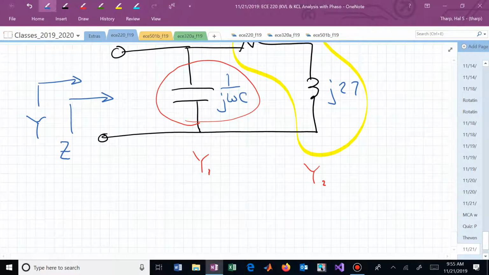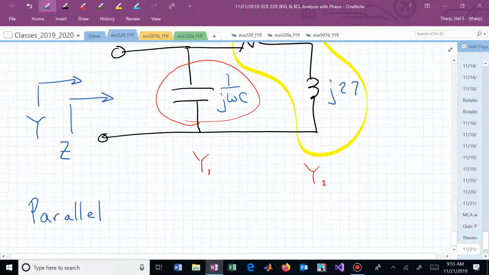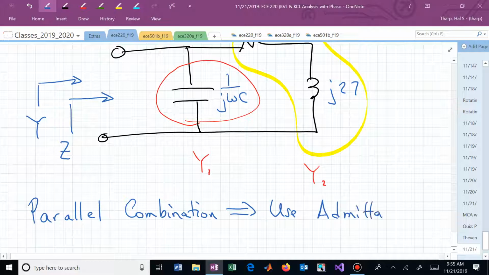Since we had this parallel combination, that's how we're attaching the capacitor. We're going to approach this problem by using admittances.